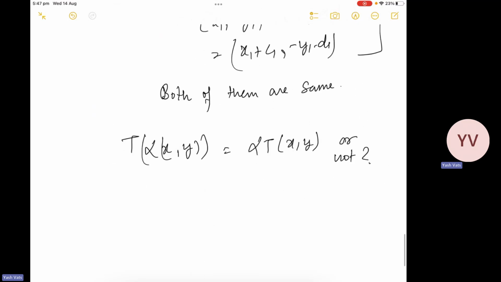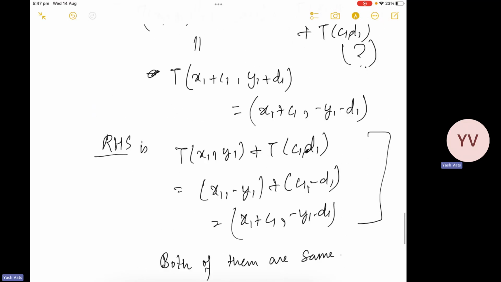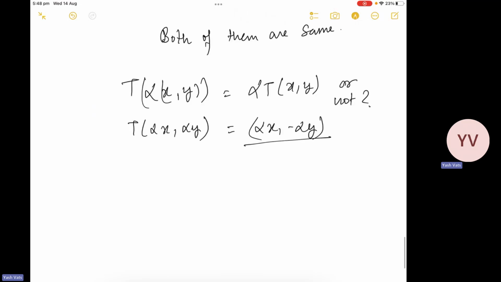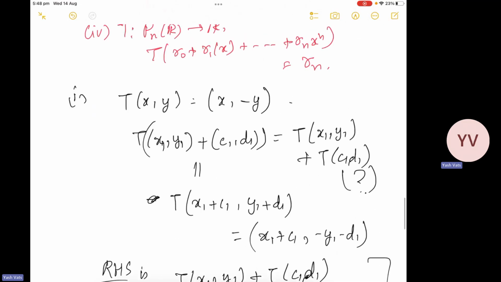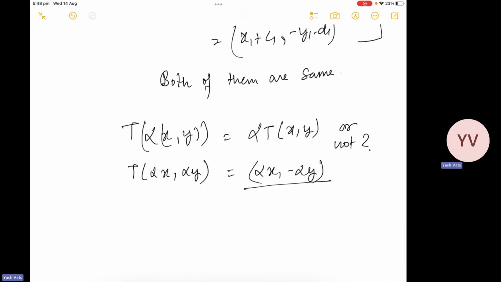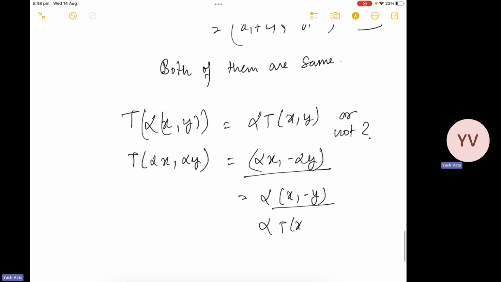So T of alpha (x, y) is T(alpha x, alpha y), which is the same as (alpha x, minus alpha y), the same as alpha (x, minus y), the same as alpha T(x, y).